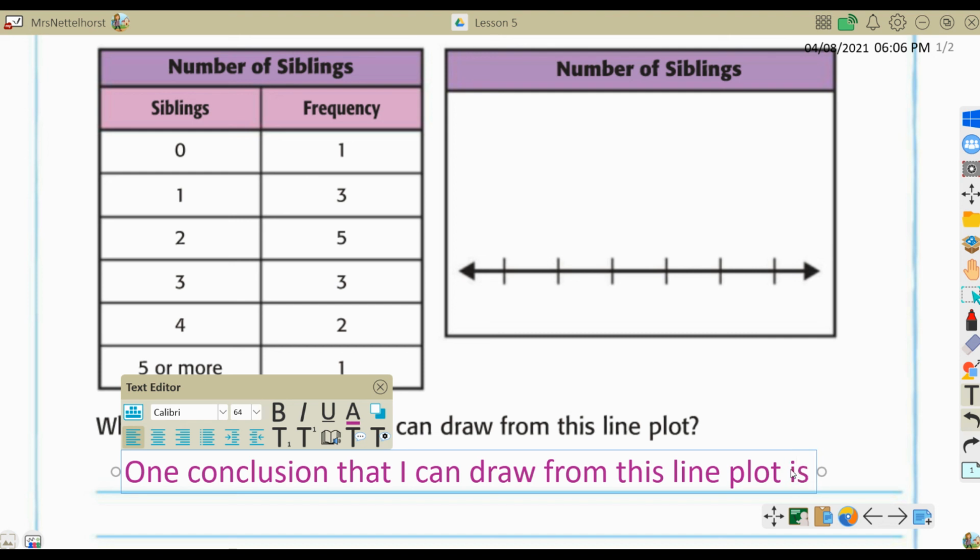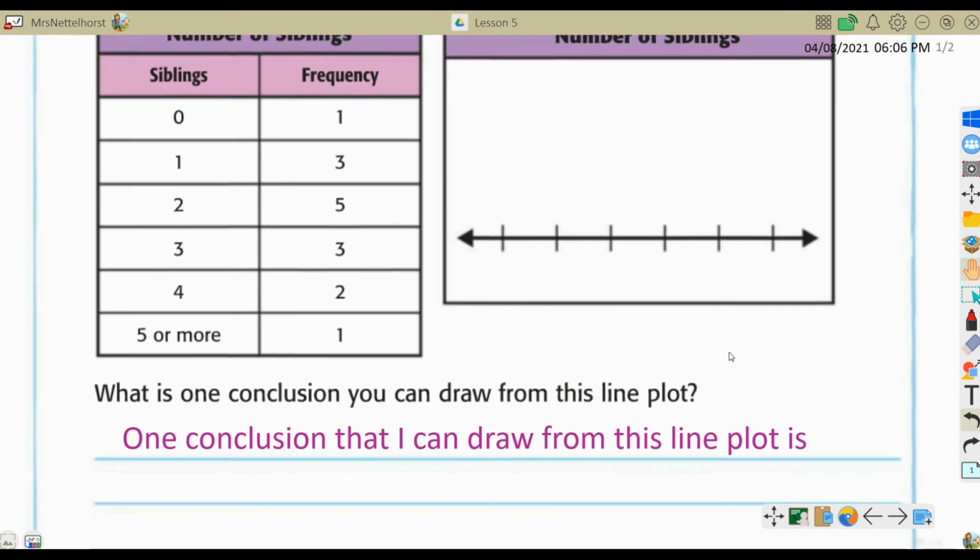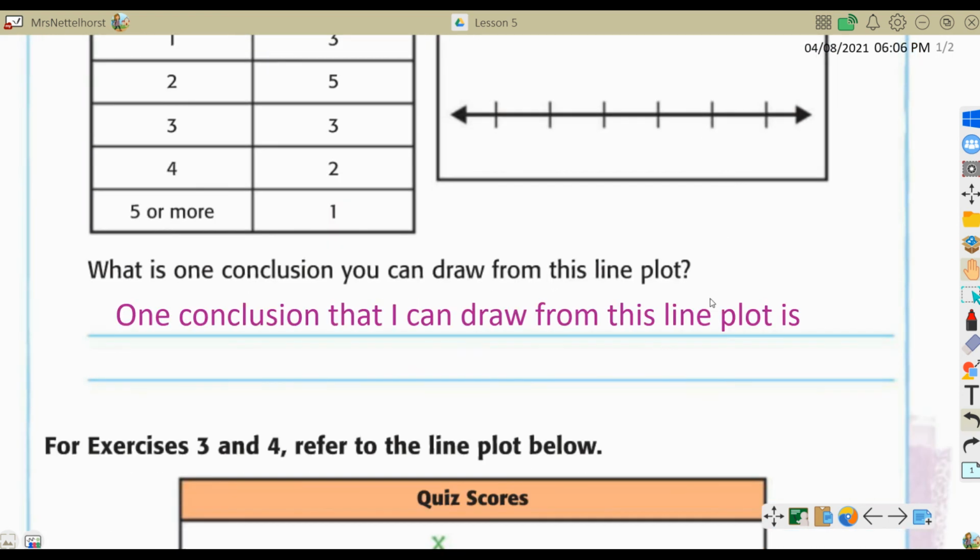Plot is, and then you're going to finish the sentence. Okay, so create the line plot, then tell one conclusion that you can draw from it. What can you decide from this line plot?